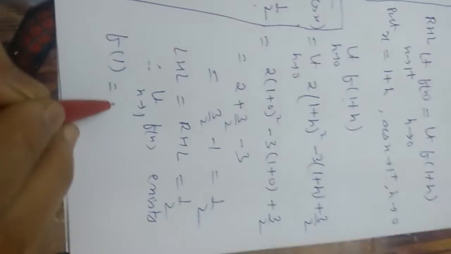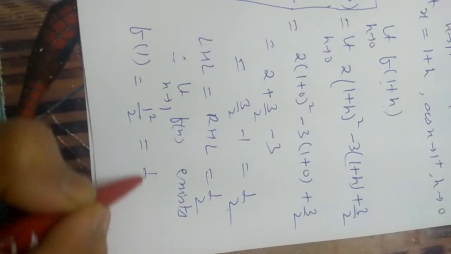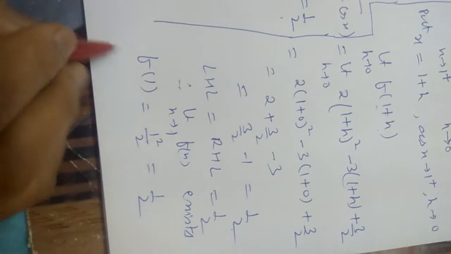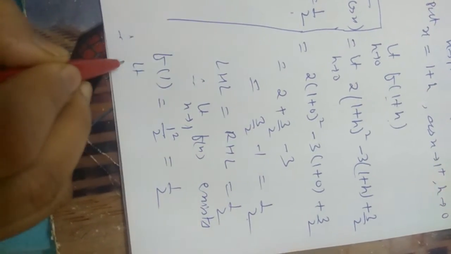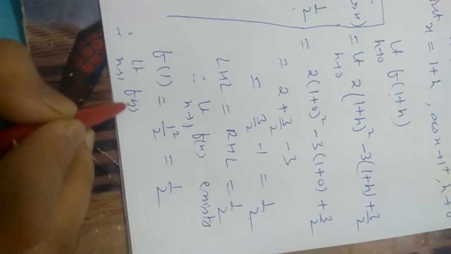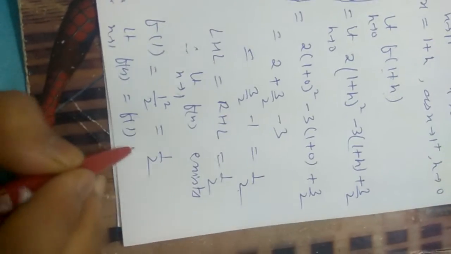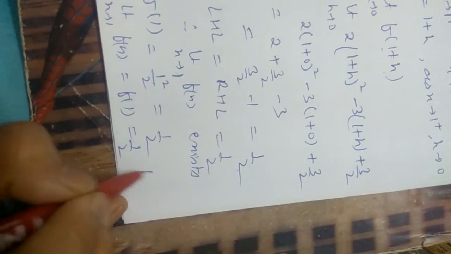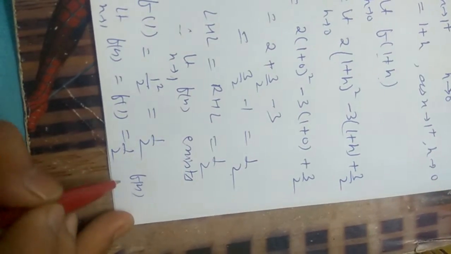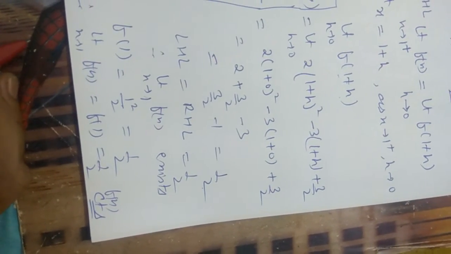And therefore, f(1) is 1 square by 2, that means 1 by 2. It means limit x tends to 1 f(x) is equal to f(1), that is equal to 1 by 2. It means f(x) is continuous at x is equal to 1.